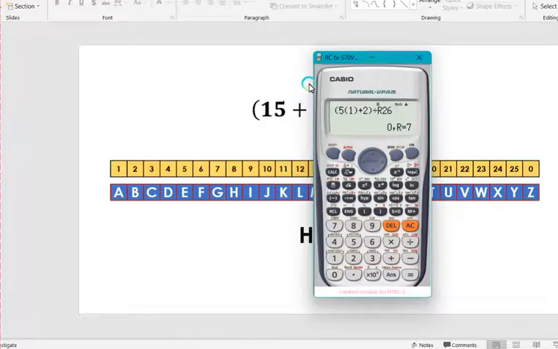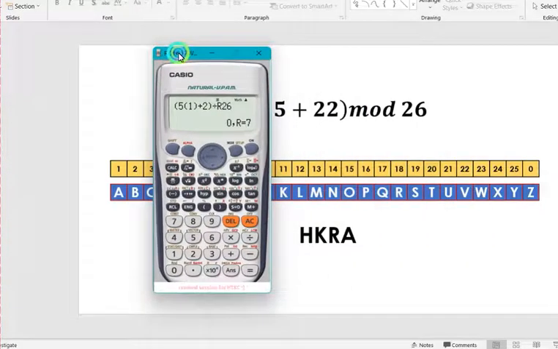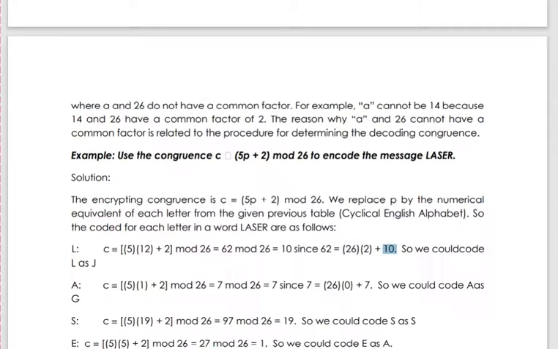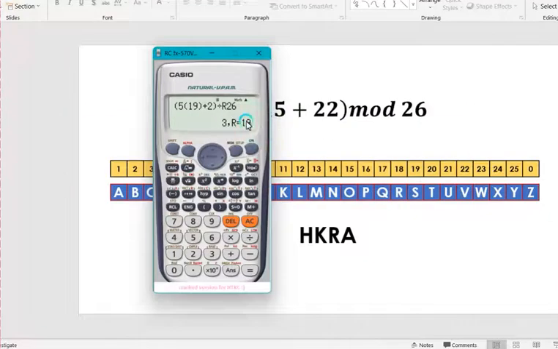S here is 19. So, we have 2. Since our answer is 19 also, that means your representation is S also.